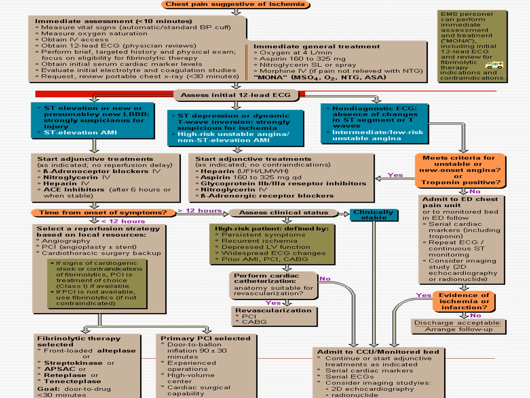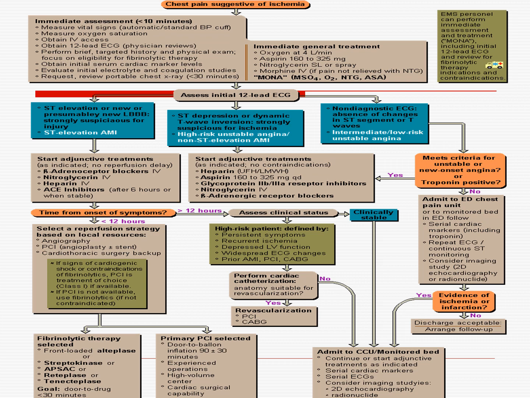EMS generally takes care of the MONA part if they come in by ambulance. Then we want to monitor vital signs, check blood pressure, get our sats, IV access, get a 12 lead, and get a history as much as you can. Make sure they're clear for fibrinolytics if we need to.